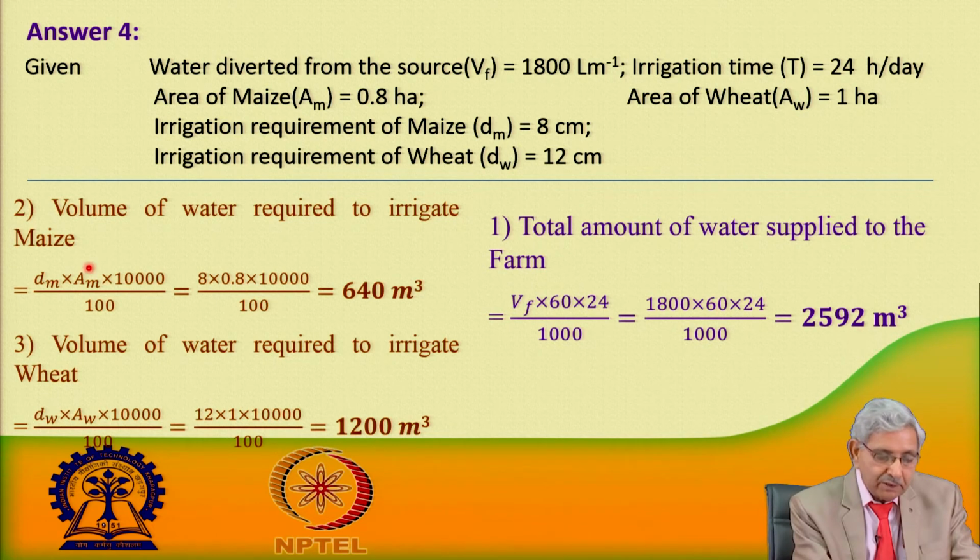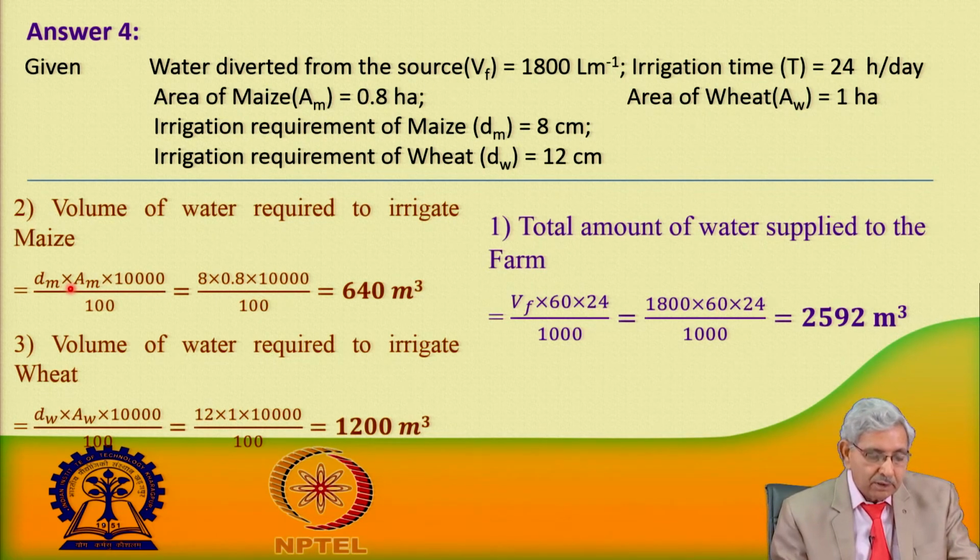Then when we are calculating volume of water required to irrigate maize crop, it is given as 8 centimeter. So, 8 divided by 100, so it becomes in meter, and then area of maize crop is 0.8 hectare. So, 0.8 multiplied by 10,000 square meter. So, this will become 640 cubic meter.